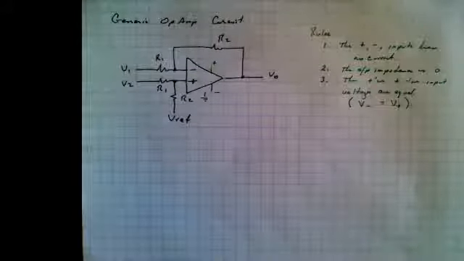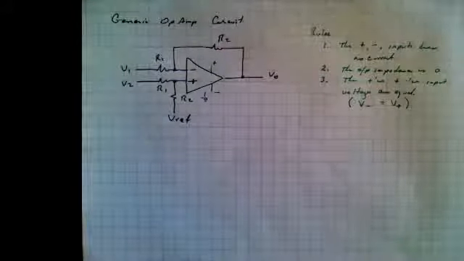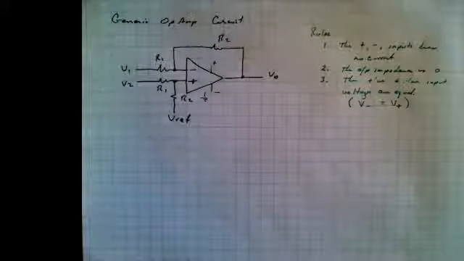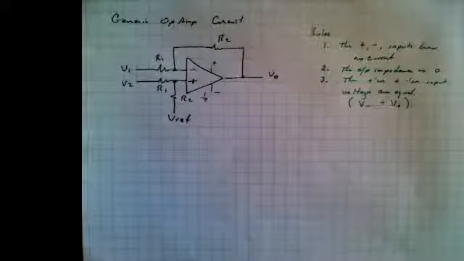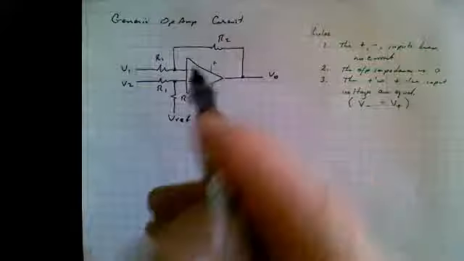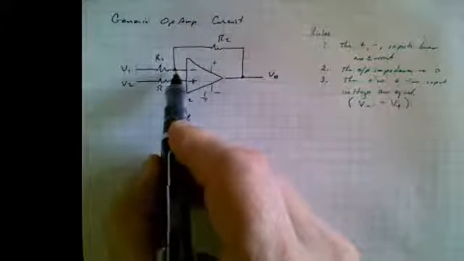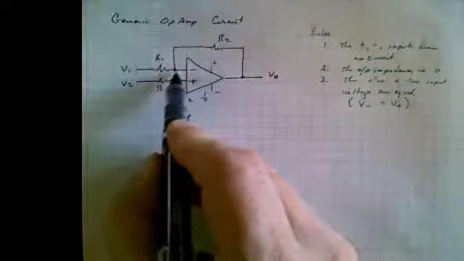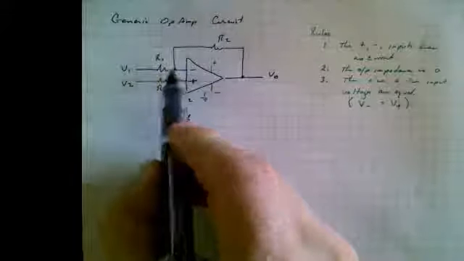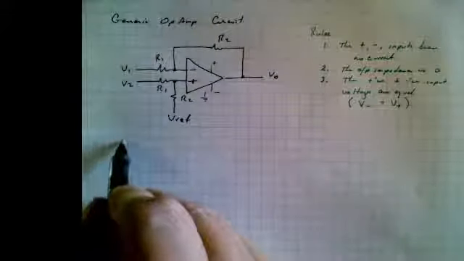So with those three rules in mind, we're going to go ahead and see what this circuit is capable of doing. First of all, we're going to take a look at the voltage right here at the non-inverting terminal, and we're going to do this by means of superposition.